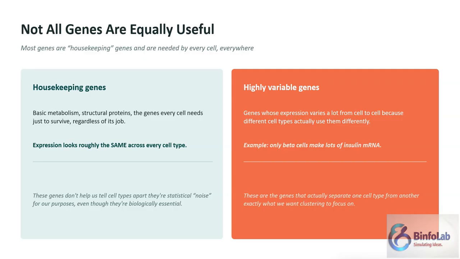So we are looking for such genes, which are not housekeeping genes and whose expression is not similar in all cell types. These are the genes that actually separate one cell type from another, exactly what we want clustering to focus on, even in PCA or in the next step, UMAP.